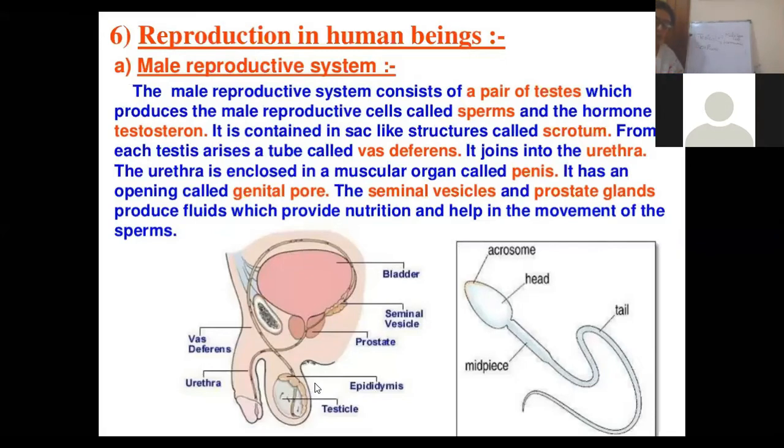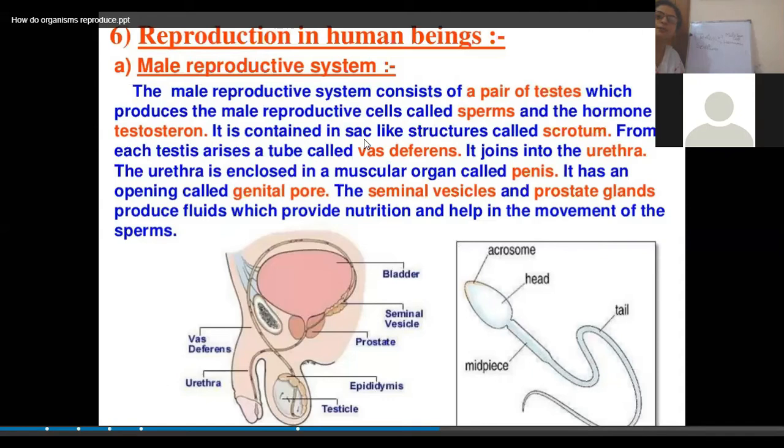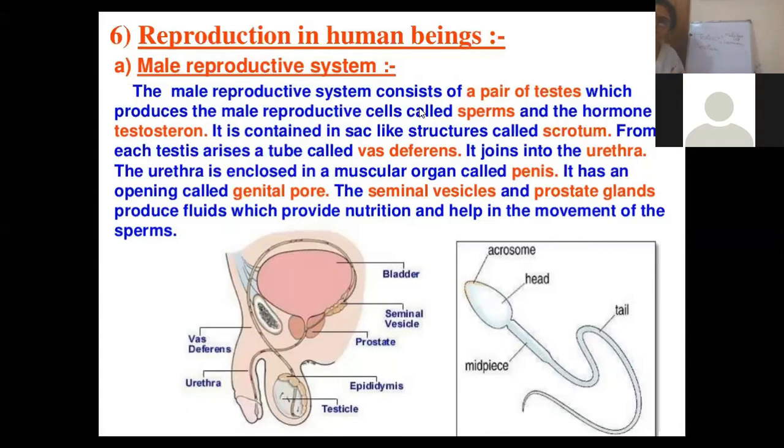Right? Now, what's the function of the scrotum? It's a small pouch-like structure where the testis lies. It lies outside the abdominal cavity, and there is a reason for it.